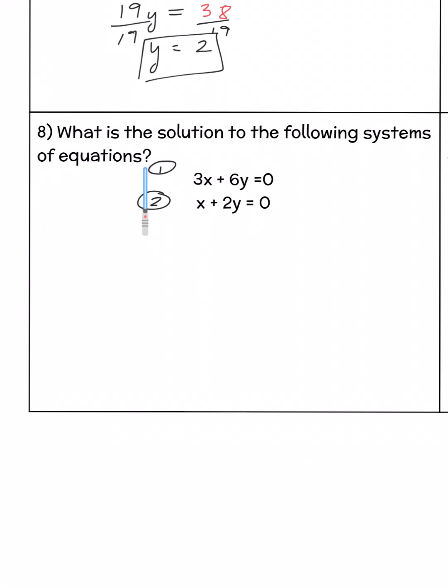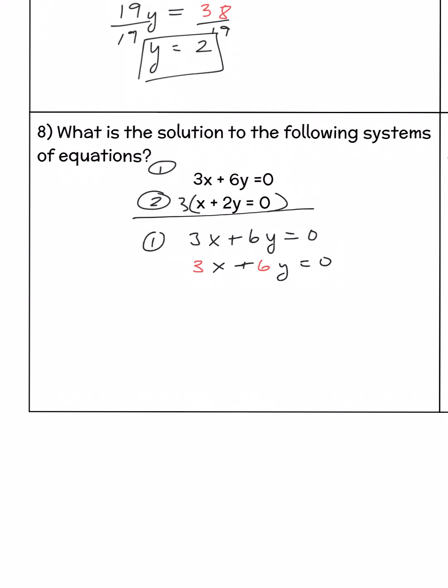Big question mark. How? If I were to multiply this whole equation by 3, then the first equation remains the same, 3x plus 6y equal to 0, and the second equation will become 3x plus 6y equal to 0.